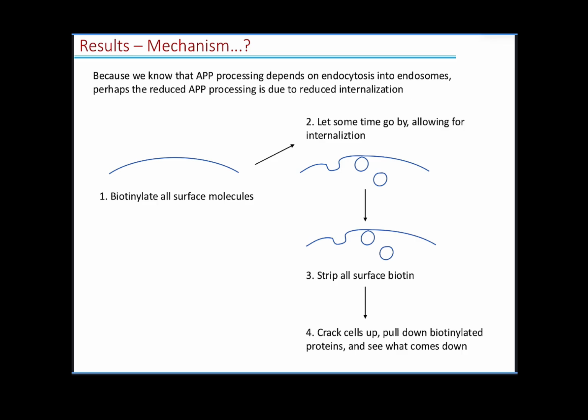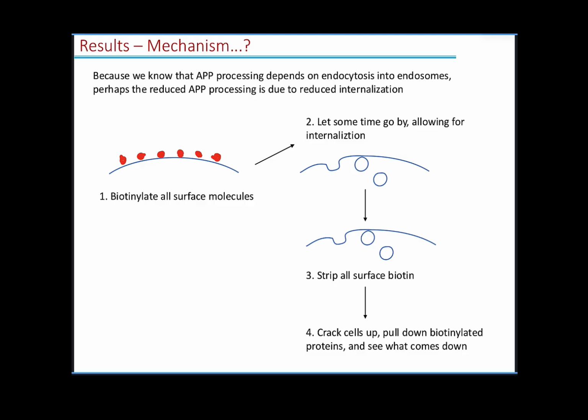So essentially, you can take your cells and incubate them with biotin and a biotinylating enzyme, and that enzyme will take this biotin and stick it into all of the proteins that are present on the cell surface, on the outside. Why? Because these things can't get into the cells to do that. They can only exist outside. So first you biotinylate a whole bunch of proteins on the cell surface.